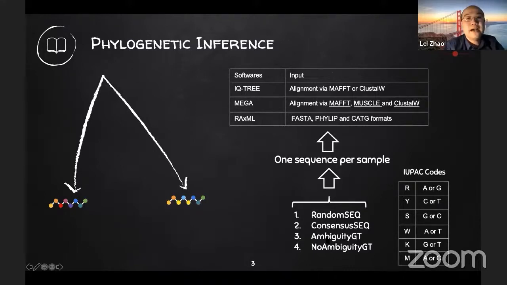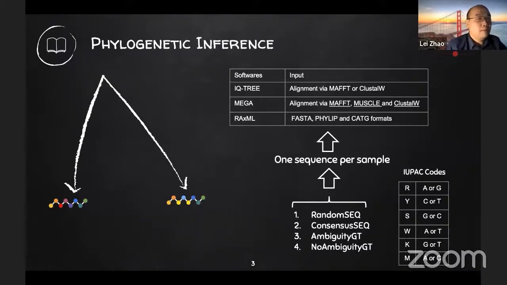Suppose it is a heterozygote site, they will use IUPAC codes and treat it as, say, 50% A, 50% G, so you just treat it as an R, and you construct your sequence. At this specific site, you have a read called R.